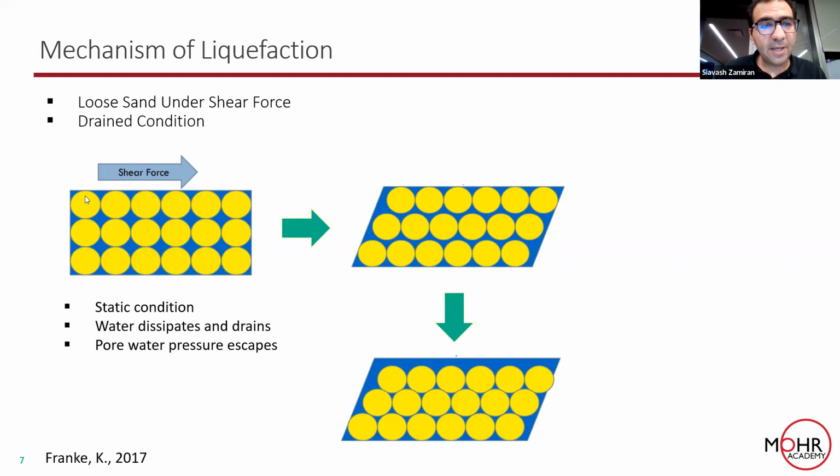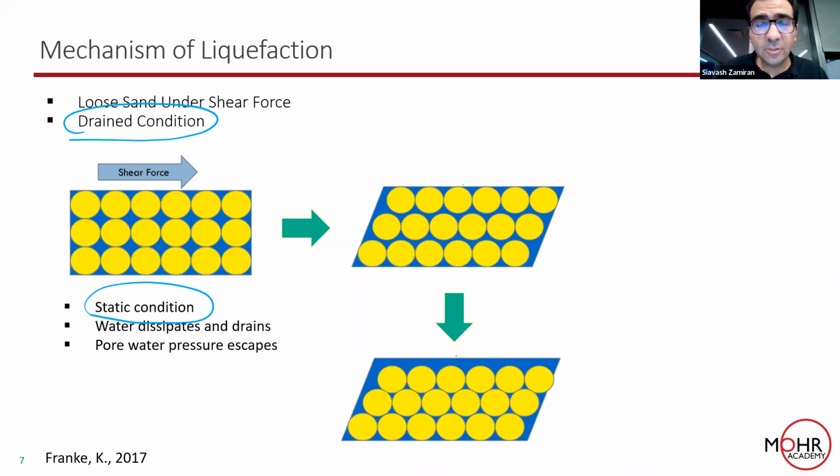Once we apply a shear force, because our layer is in a drained mode, the shear force is applied gradually. This gradual loading mostly happens in static loading, because the sand has a very high permeability.